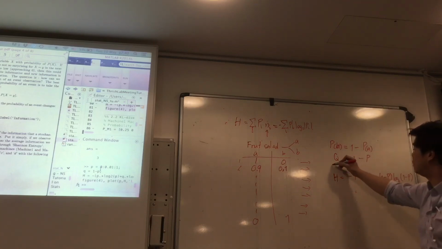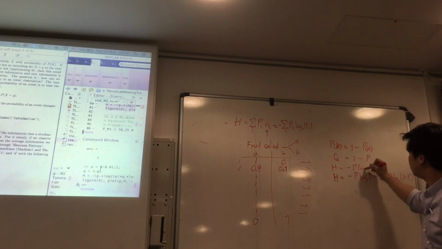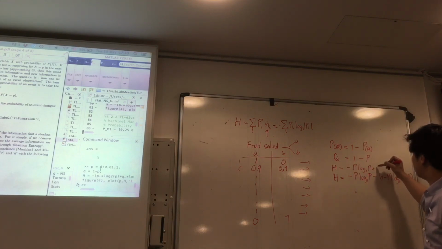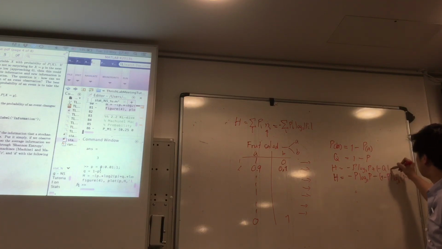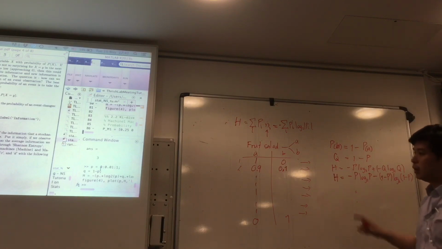So basically H is nothing but minus P log2 P minus Q log2 Q. The sum of the two. Yes, so basically this. Adding them together. So let's plot this thing.